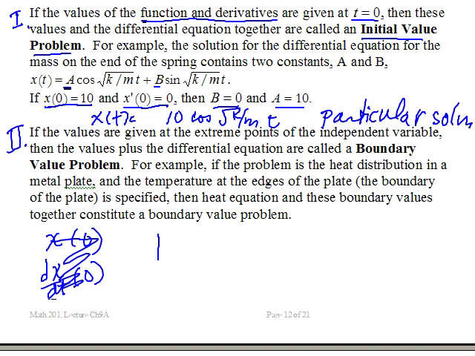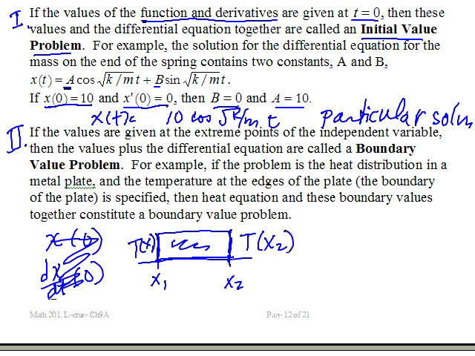Say you were trying to find the heat distribution in a plate of some kind of material, and you knew the temperature at this end, at this point x1, and this is x2, and you know the temperature over here at x2. Then you can use these values to evaluate the constants of the problem.